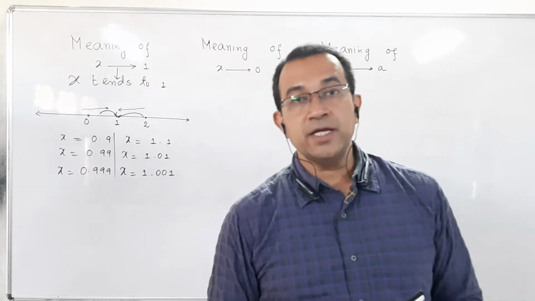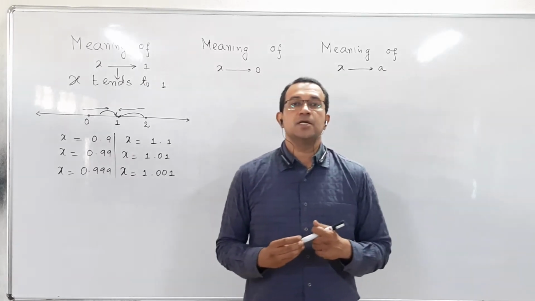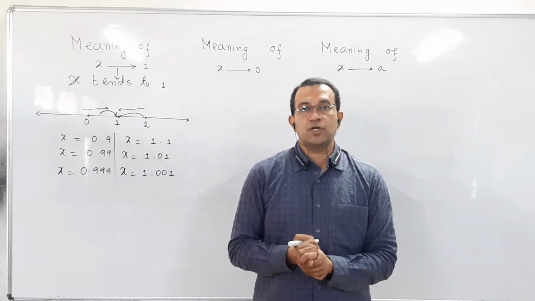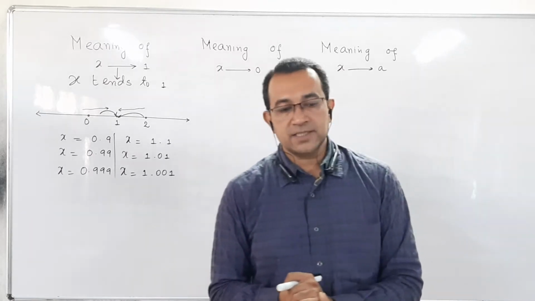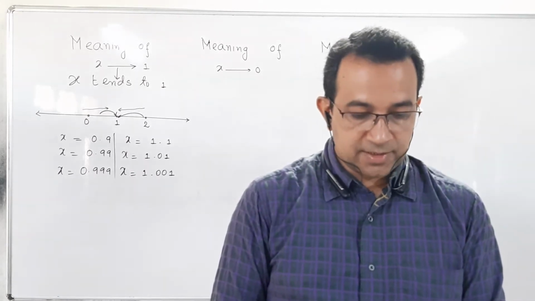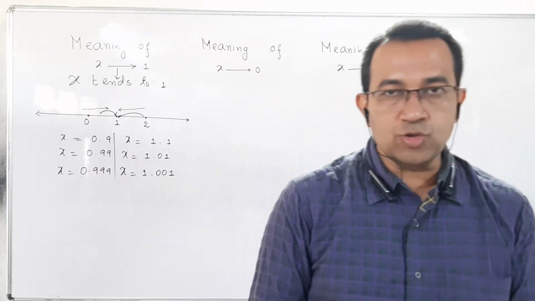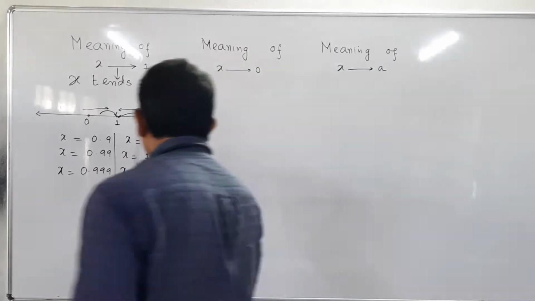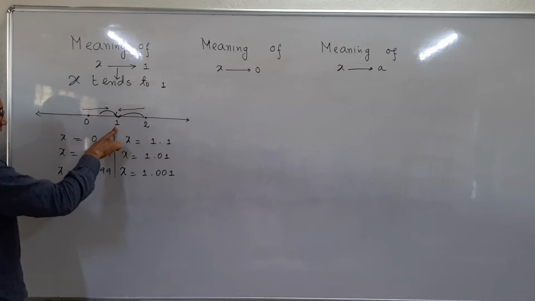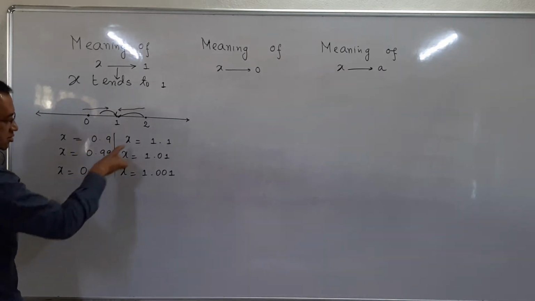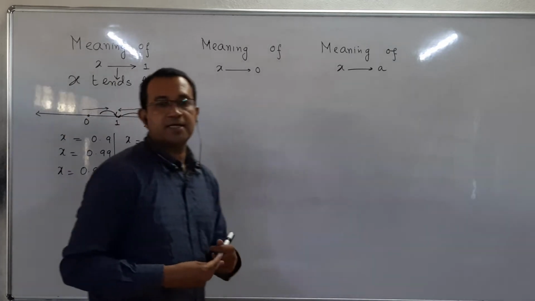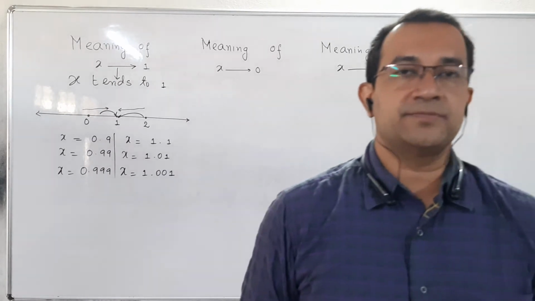So how to write this in terms of theory. Say, what is the meaning of x tends to 1? If the values of x are brought very close to 1, either by increasing the value of x or by decreasing the value of x, then we say that x tends to 1.